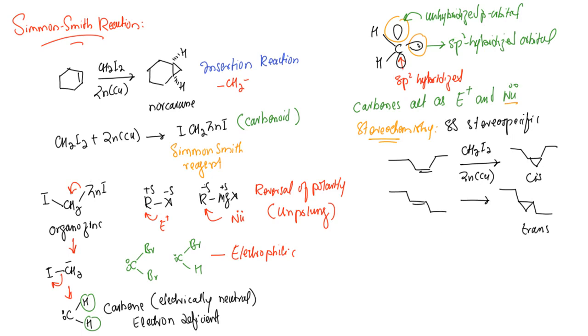On account of this feature, we say that the Simmons-Smith reaction is stereospecific. We call it stereospecific because the CH2 or carbene adds to the double bond simultaneously.